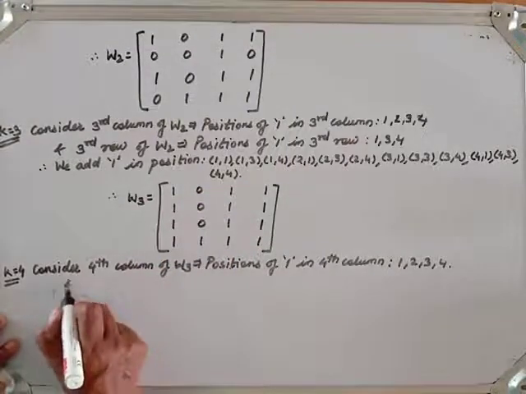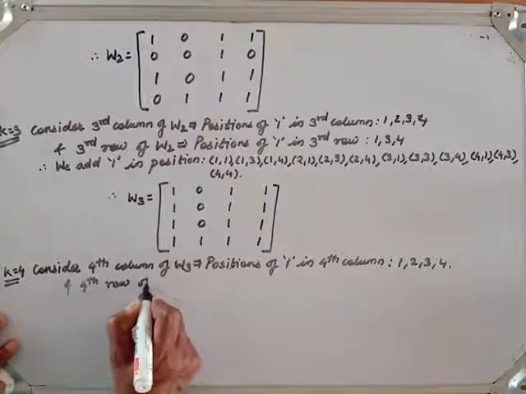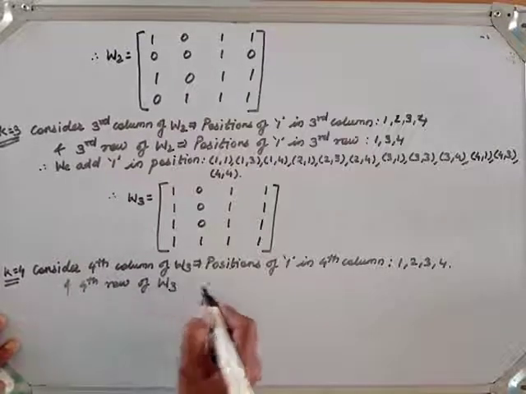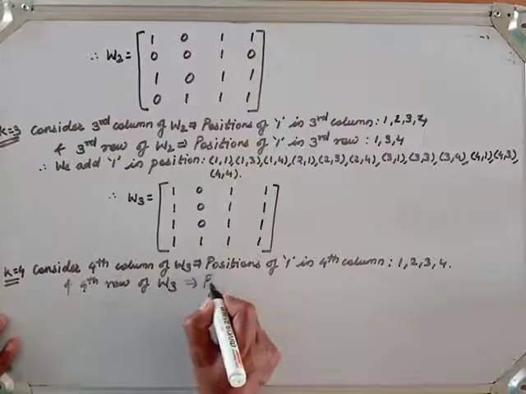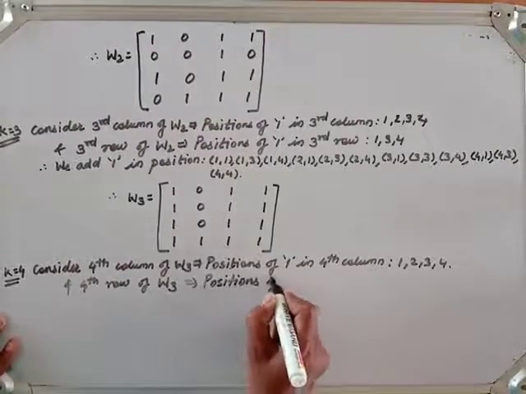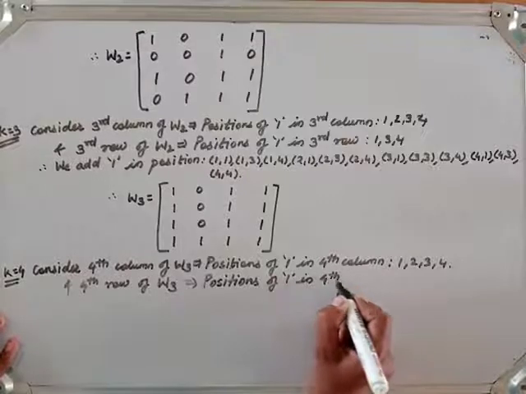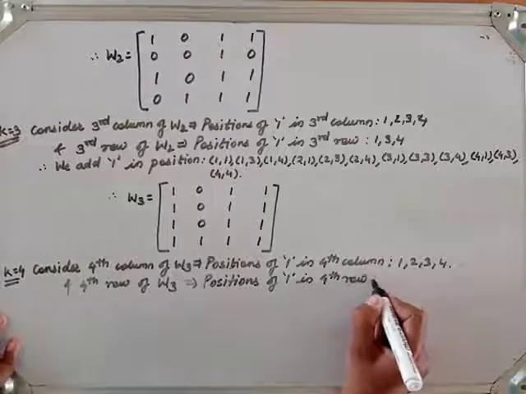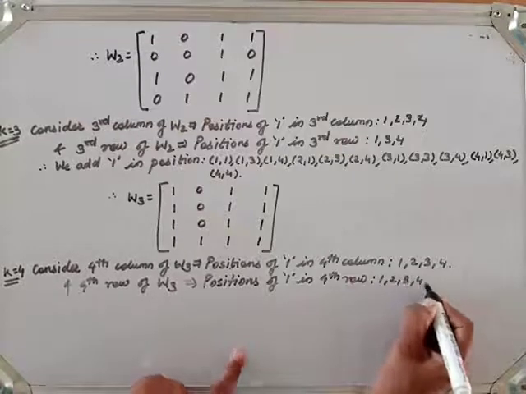And the fourth row of W3: positions of 1 in the fourth row are also everywhere: 1, 2, 3 and 4.